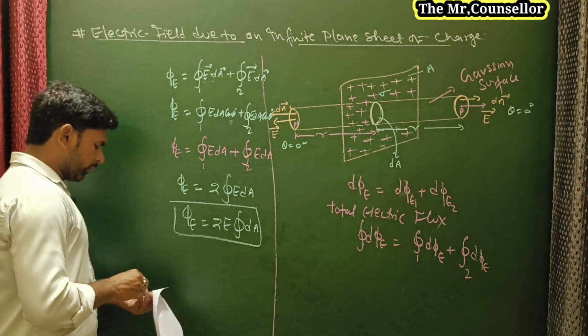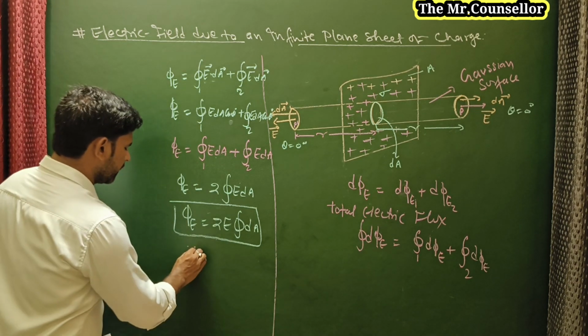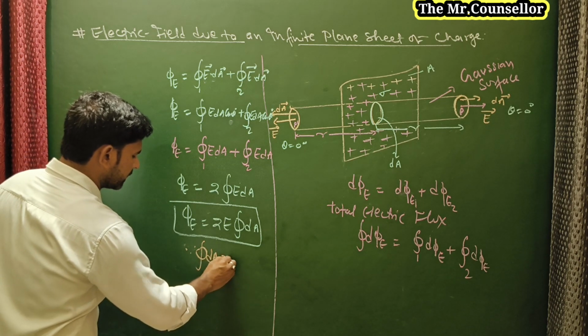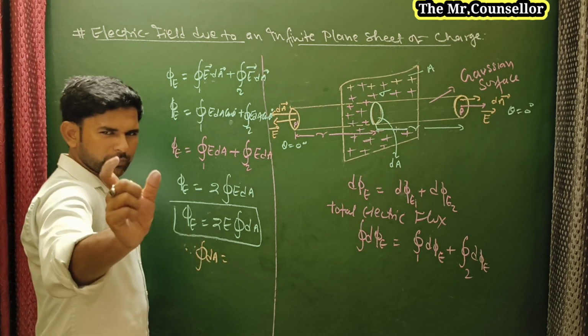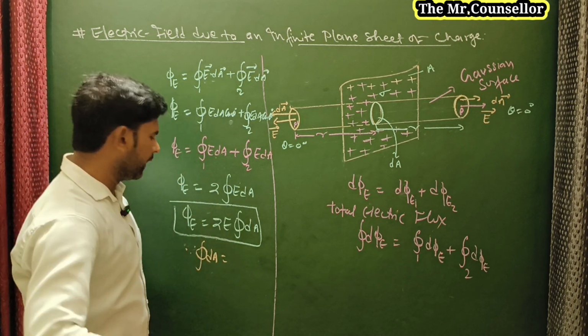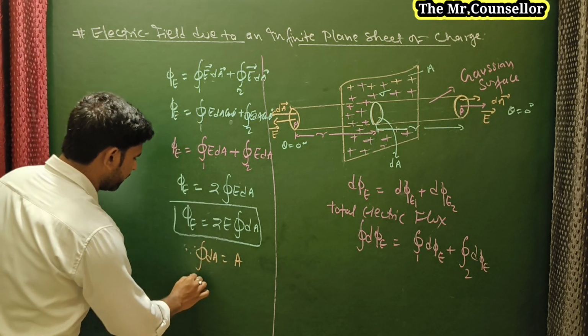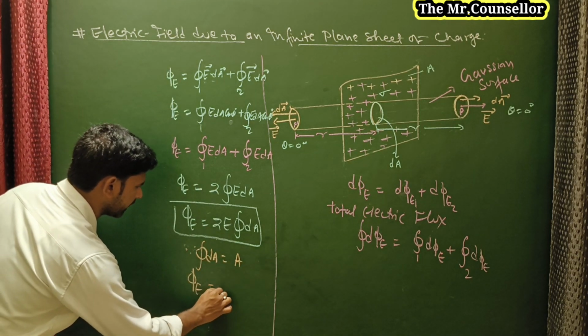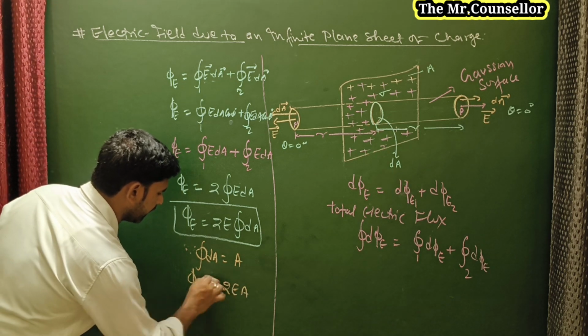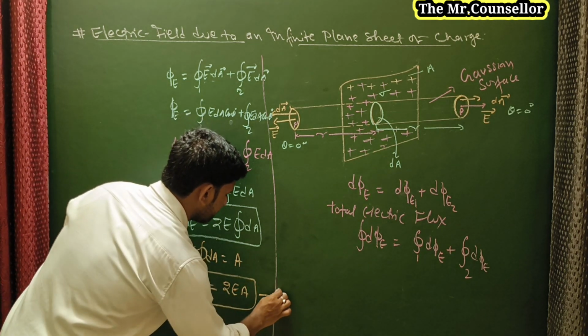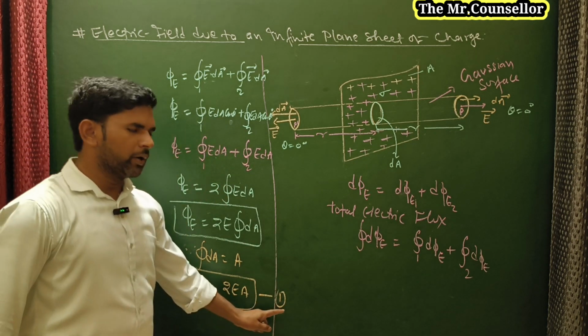So we know very well, if we take a closed integral of the small area elements, adding them up, we get the complete area A. So now phi e is equal to 2EA. So 2EA is the electric flux. You can call this equation number 1.